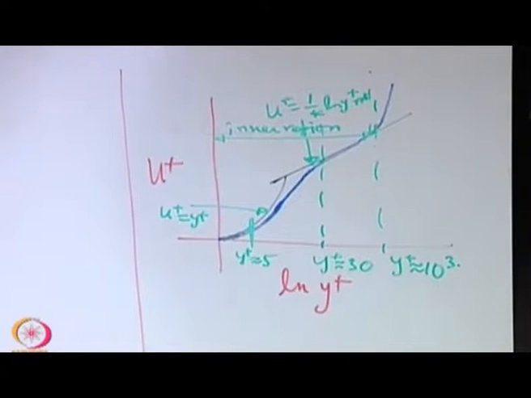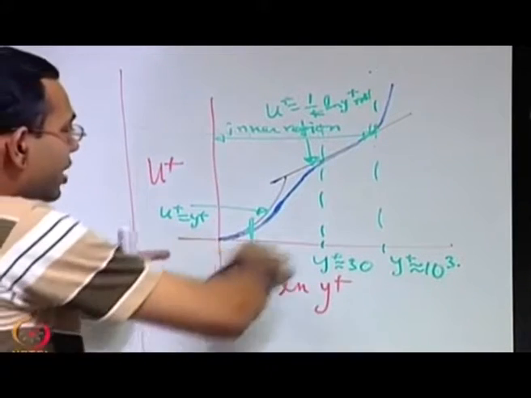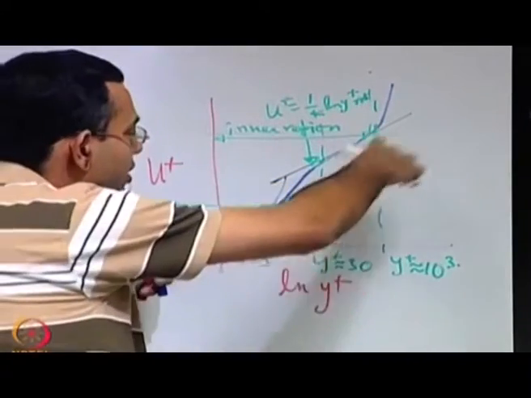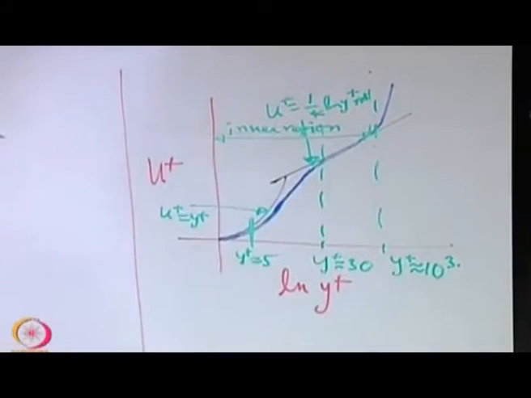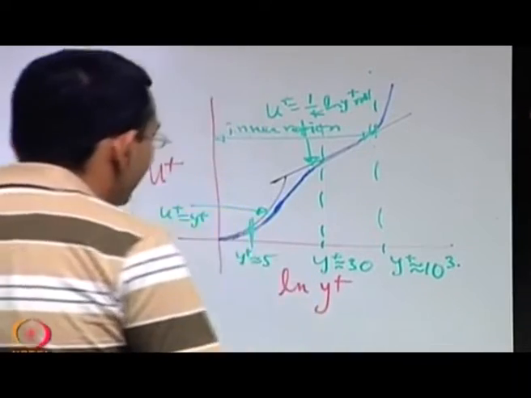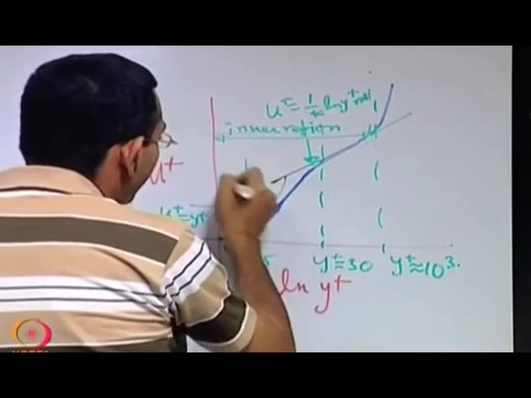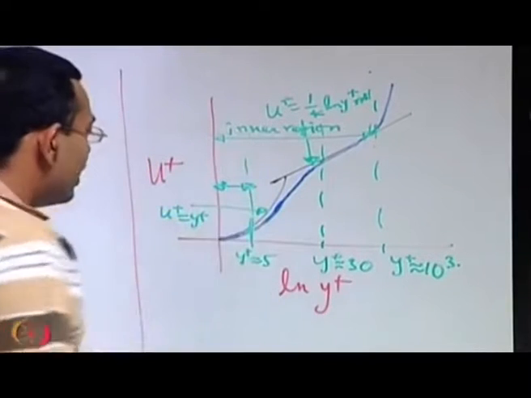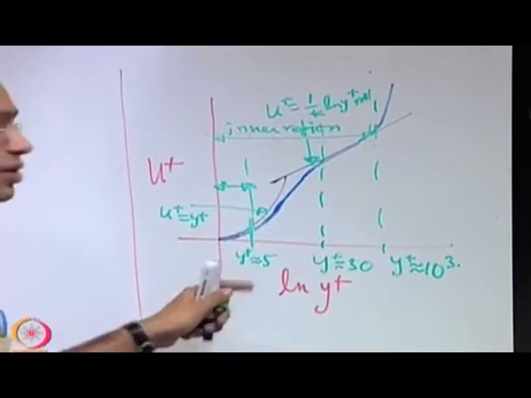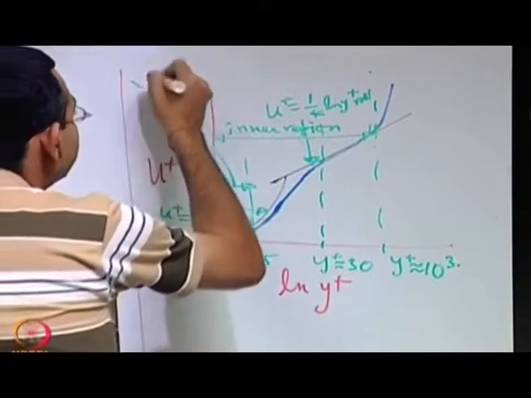Inner region means it has a part with u plus equal to y plus and it has a part with u plus equal to 1 by k ln y plus b. In the inner region, you have a behavior where solely the molecular viscosity is determining what is happening, that is why u plus equal to y plus, and this is called a viscous sublayer.